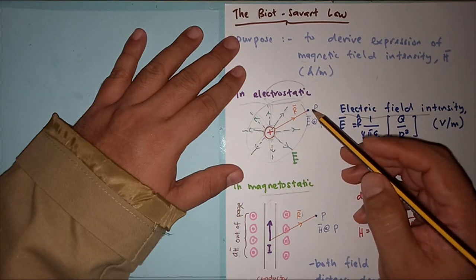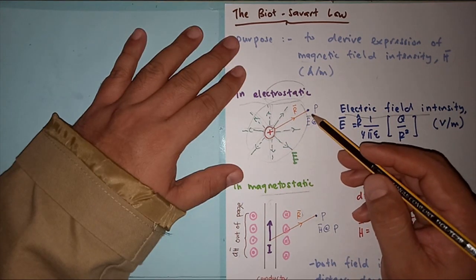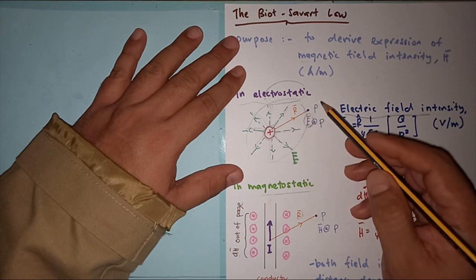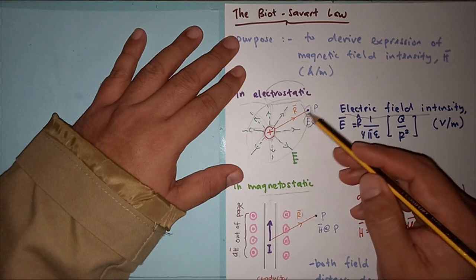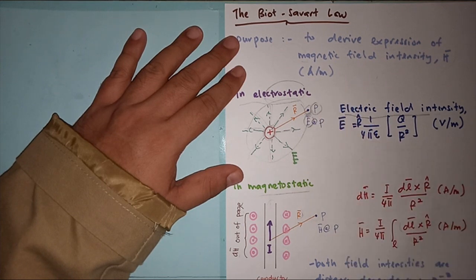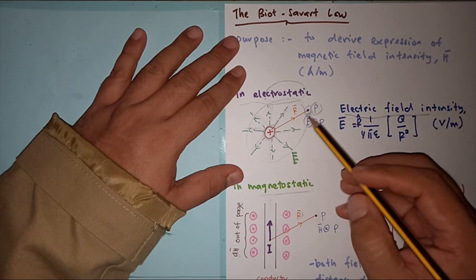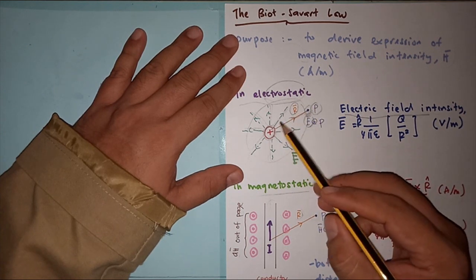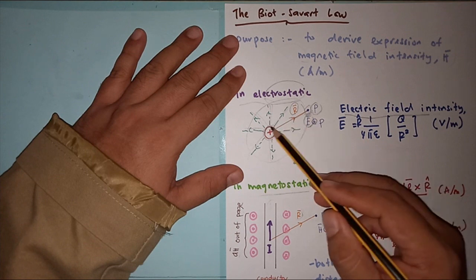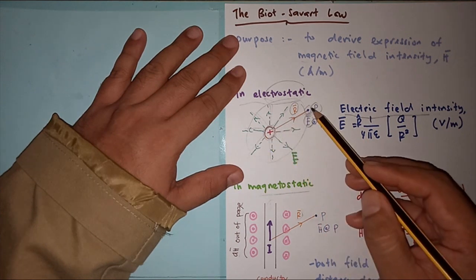So how can we find the expression of electric field intensity at any test point? Let's say in this particular case at this point, and we call this point the P point. What we have to do first is derive the vector R, which represents the direction and distance between the source of the electric field and our test point.